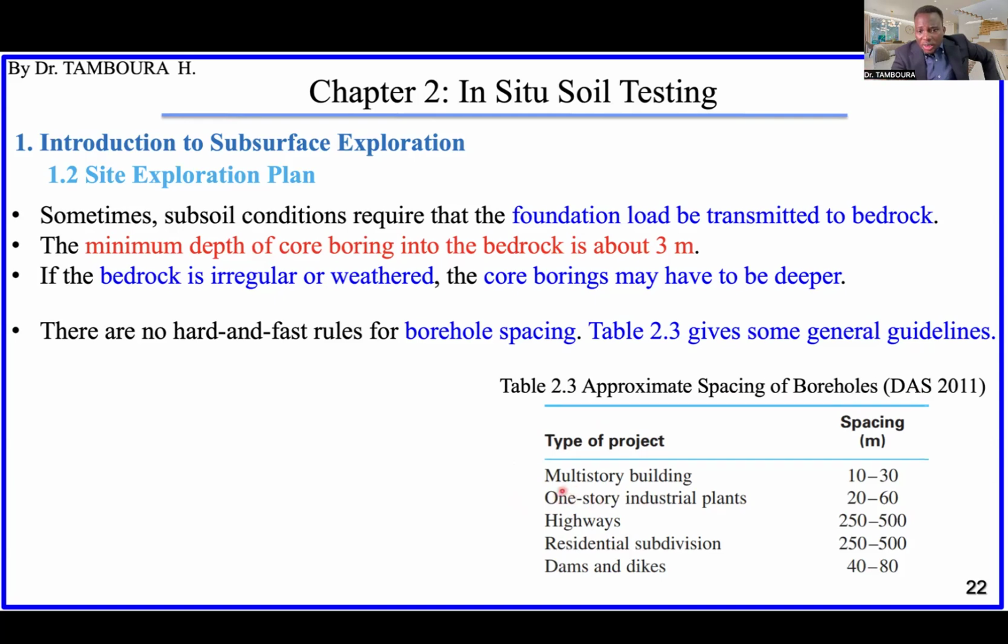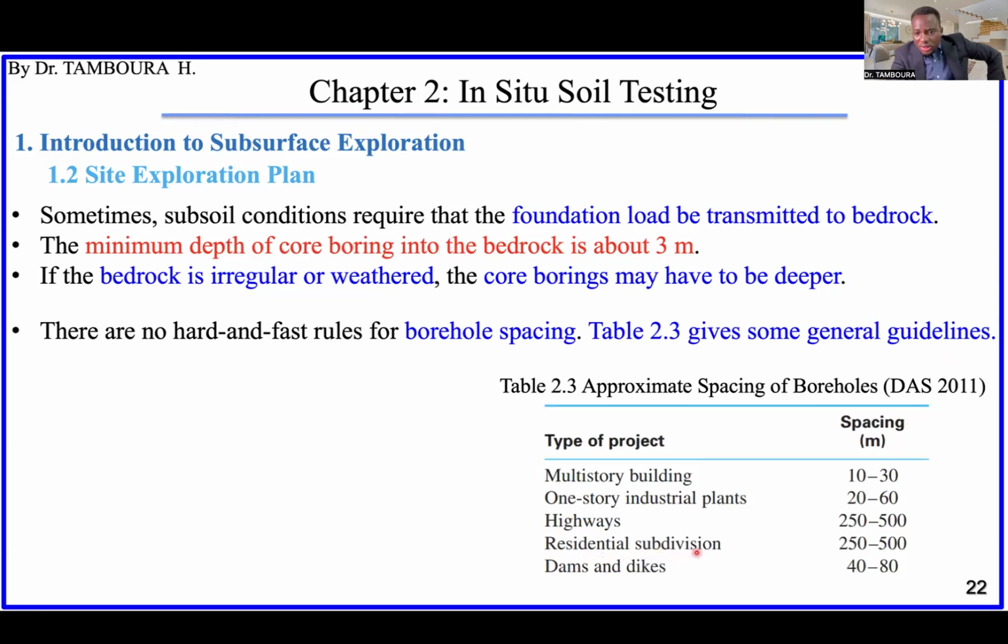If you have a multi-story building, between 10 and 30. One story industrial plant, between 20 and 60. Highway, between 250 and 500.